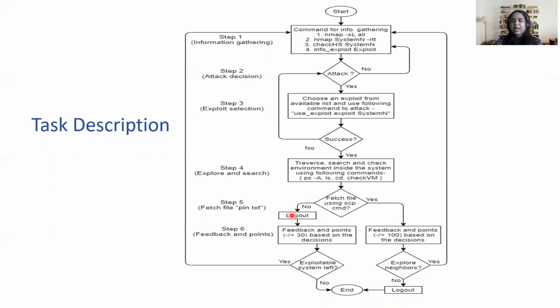And if they decide not to fetch the file or somehow they don't find the file, they can log out. And at this point, they are not given a penalty of extra points. So they were given 30 points for a successful exploit and minus 30 if they ended up exploiting a honeypot. And if there are more systems to exploit, they can of course go and do the same process again.